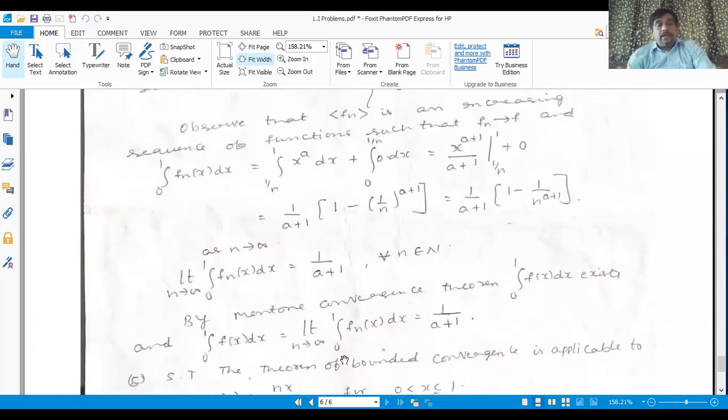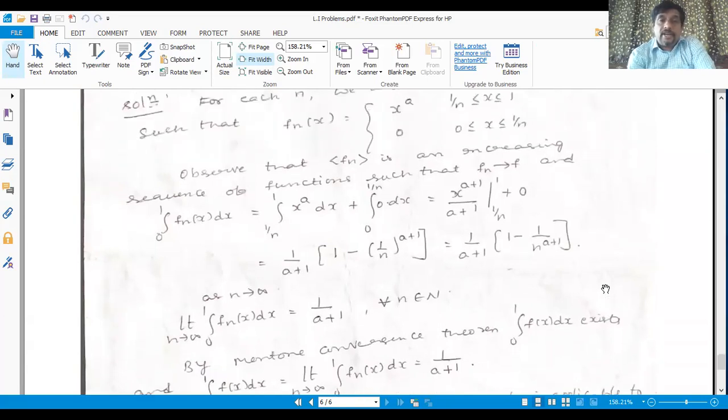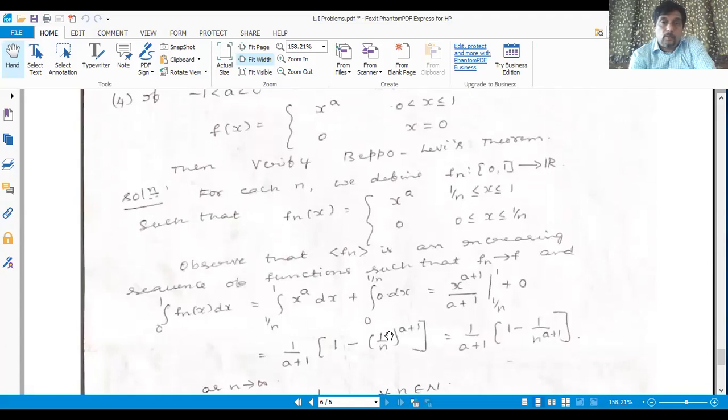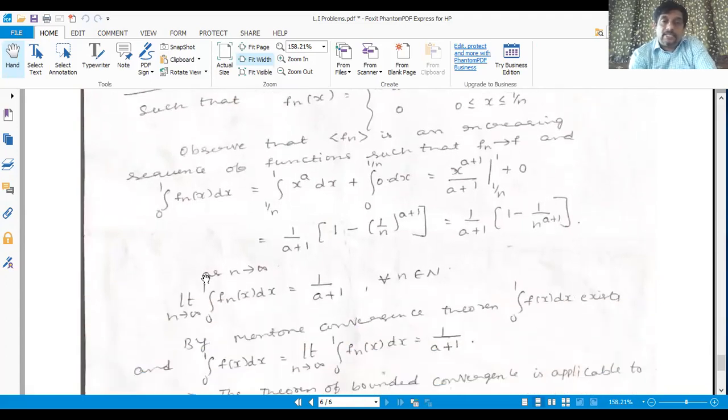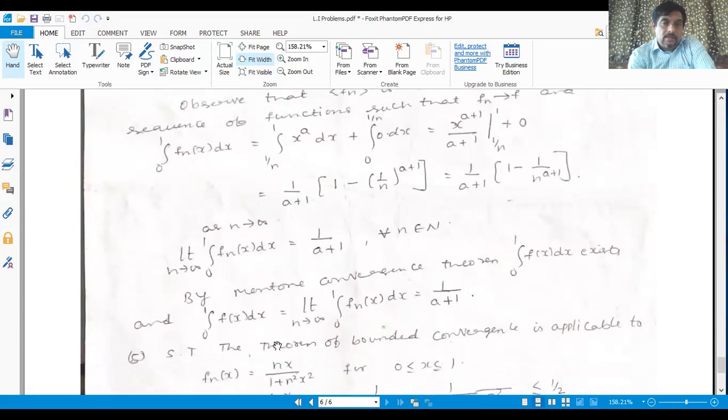Next, the converse part: by the monotone convergence theorem, the integral from 0 to 1 of f(x) dx exists. That is the integral of x^a from 0 to 1, which is x^(a+1) divided by (a+1). If you put x = 1, you get the same thing, 1/(a+1), as the left-hand side.